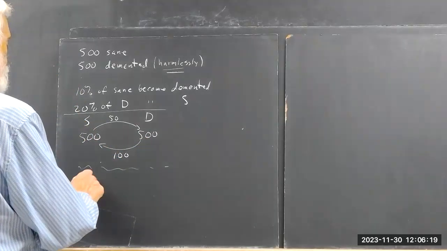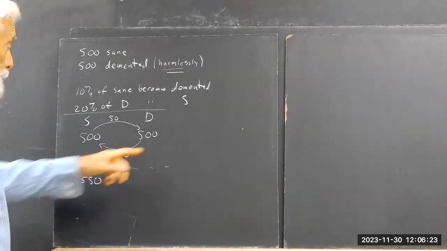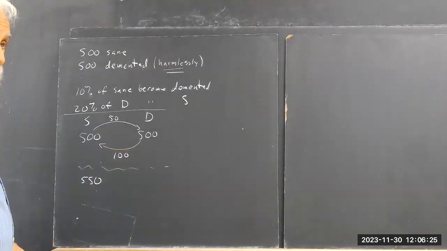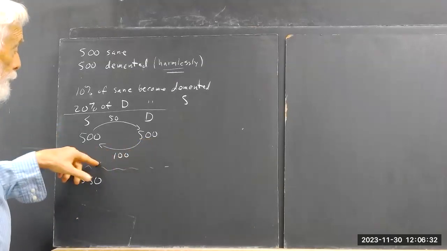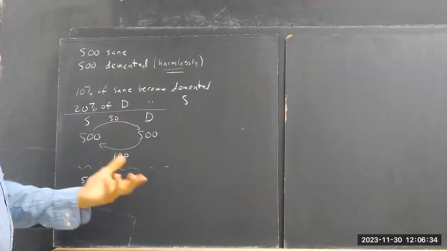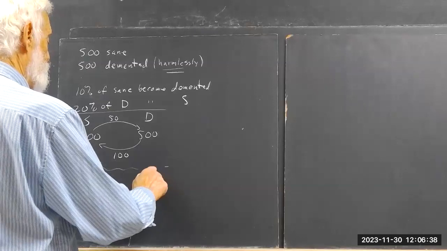So you're going to have 550 sane, and how many demented? Well, you're going to lose demented, right? Because you're going to lose 100, but only gain 50, meaning you're going to lose 50. So that's going to give you 450.